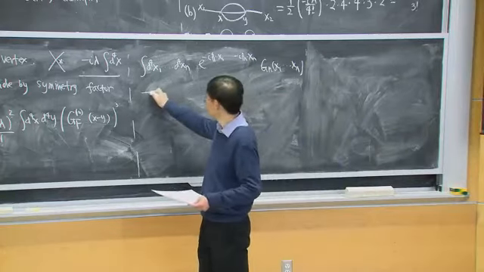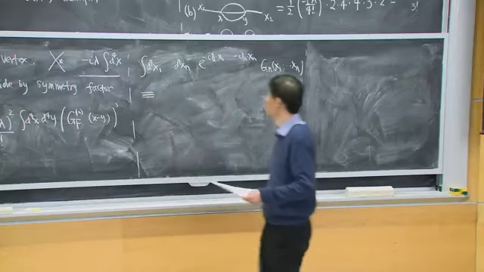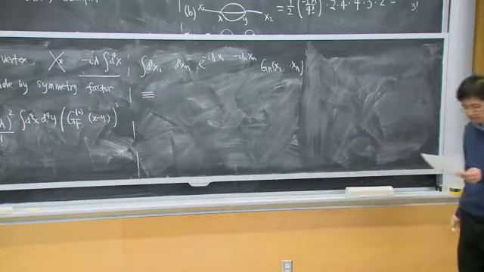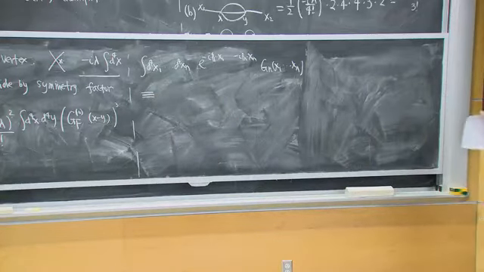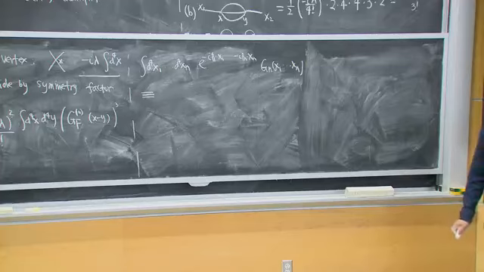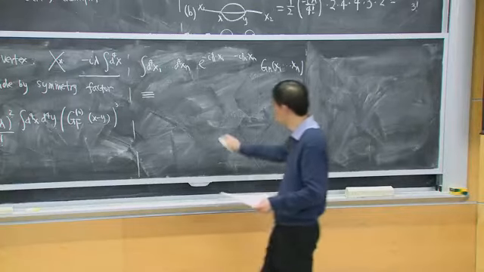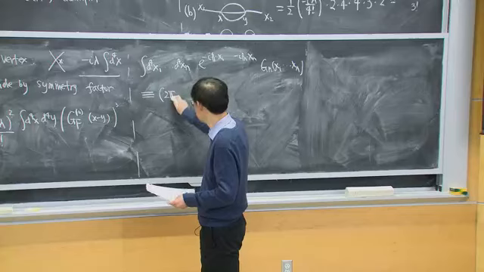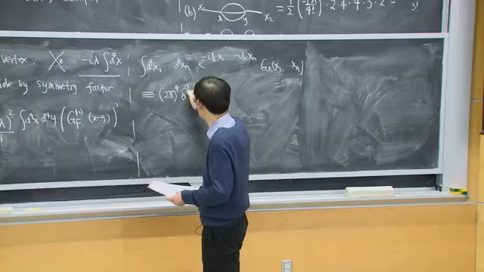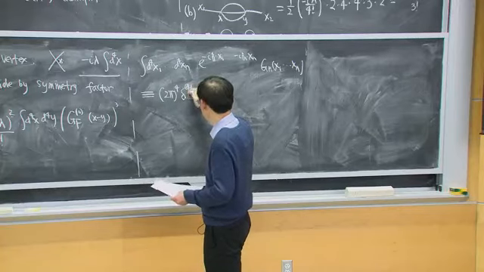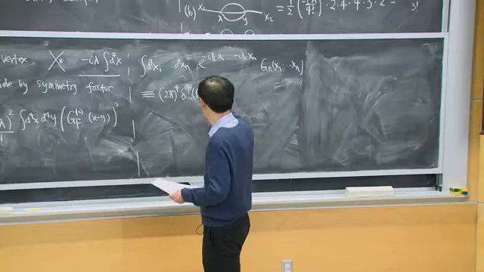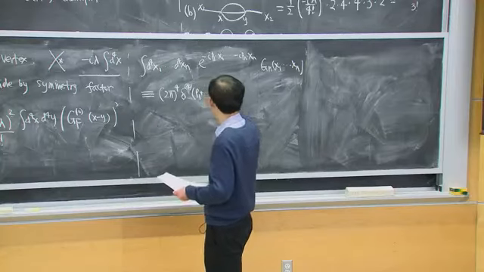Because of the translation symmetry, we expect all the p's must be conserved. I will derive it from the conservation, but you should also be able to expect it on general grounds from the translation symmetry. So we expect that there must be a factor of the momentum conservation coming from here.